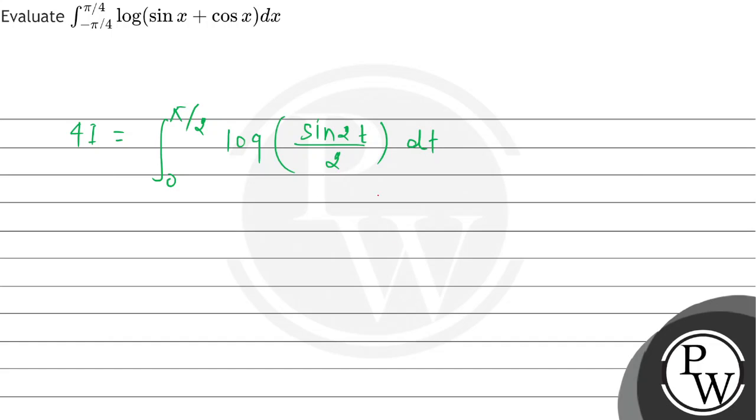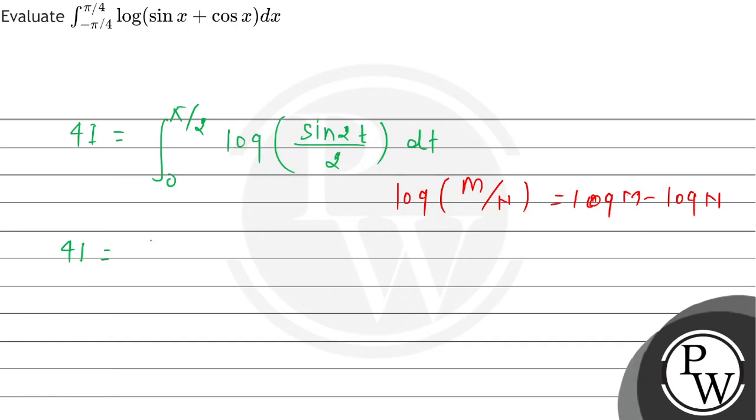So here we'll use the logarithmic formula. Suppose we have a log of m by n, then we can write it as log m minus log n. So now we'll use this formula here.